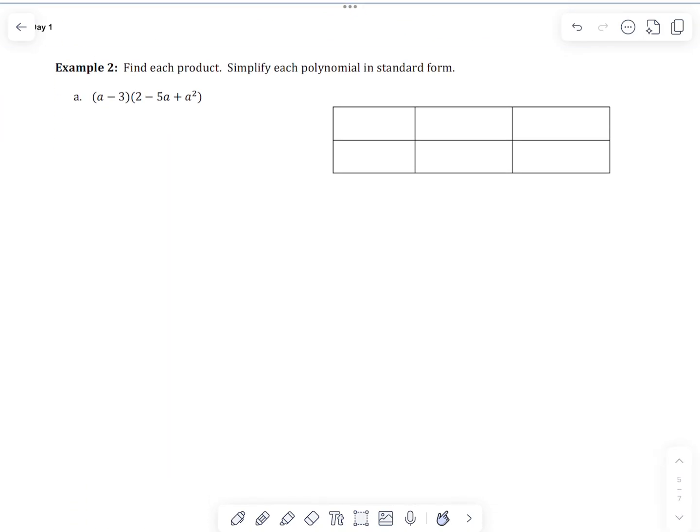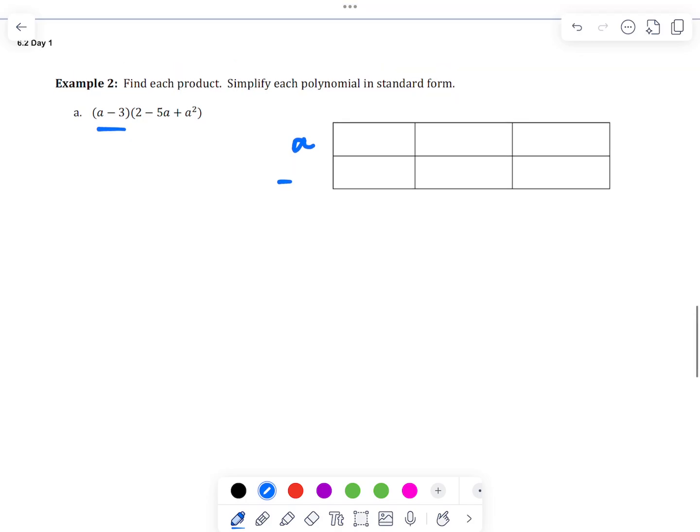All right, go ahead and find the product of these. So either you can do the distributive property or use the boxes. So I'll do the boxes on this one. So I have the binomial outside, a minus 3. So there's the first. And then I have the trinomial.